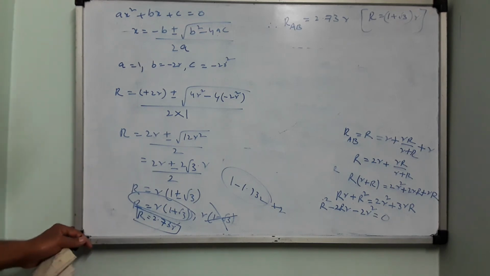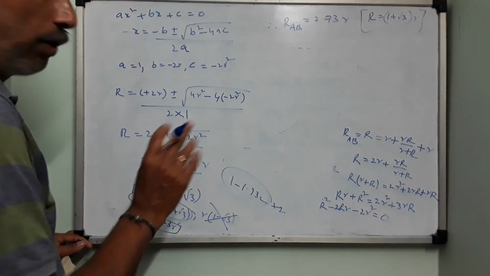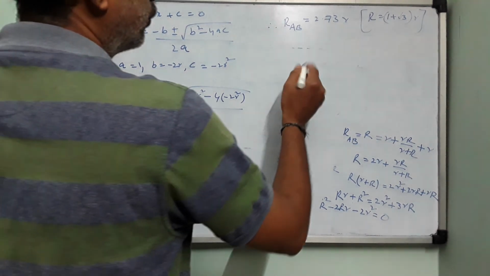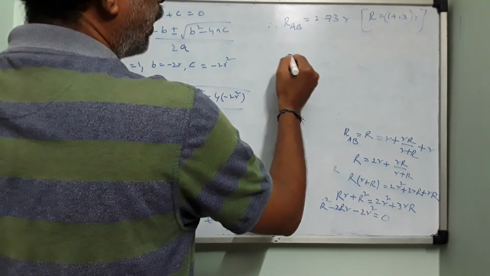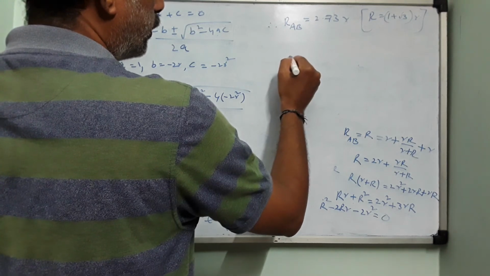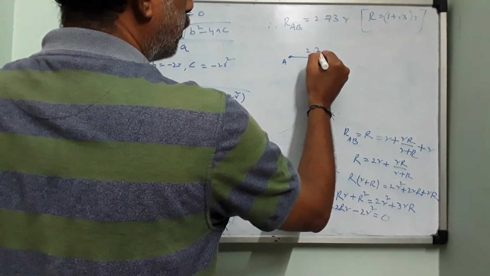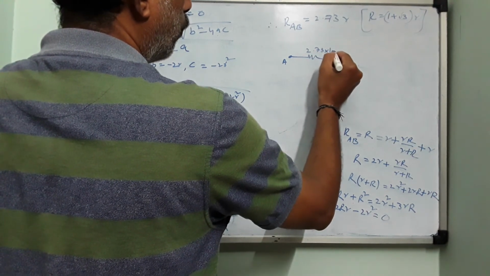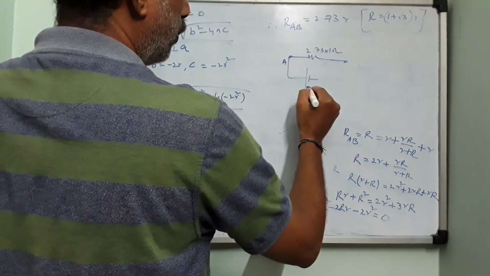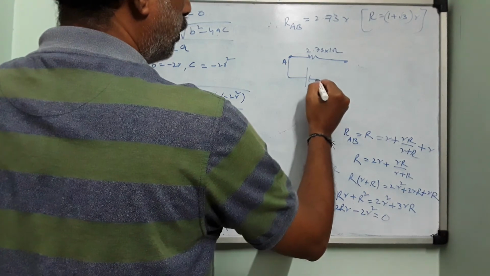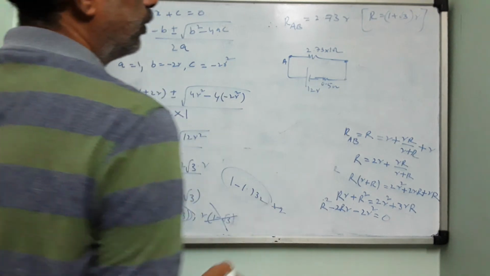In the textbook, every resistance is found to be 1 ohm and a battery of 12 volt and 0.5 ohm is connected. So now my entire network between A and B, this is point A and this is point B, is 2.73 into 1 ohm, and a battery of 12 volt with 0.5 ohm internal resistance is connected.